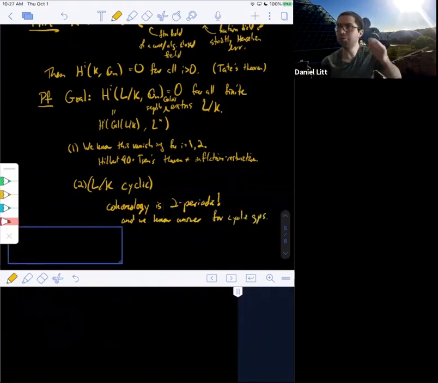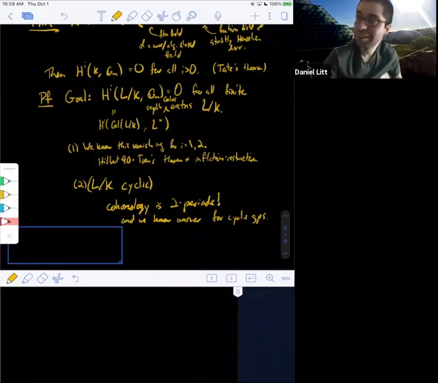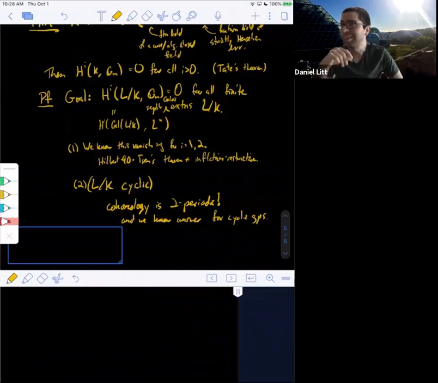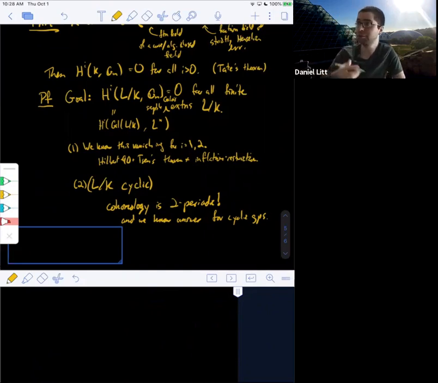Does anyone know why the cohomology of cyclic groups is 2 periodic? It's not a tautological fact. It's not at all obvious. So how do you compute cohomology of a group? You need to write down a resolution of the trivial G module Z by free G modules, like copies of the group ring.